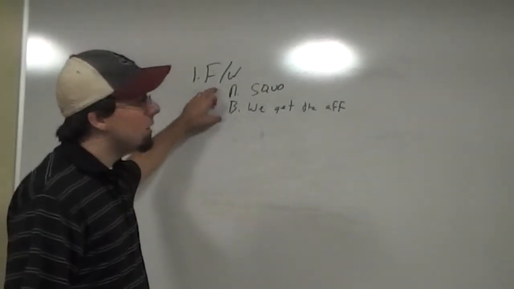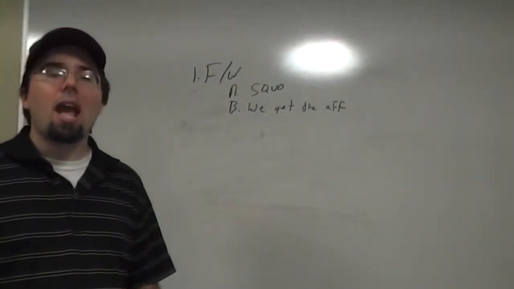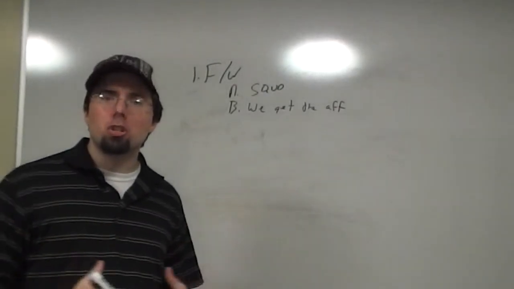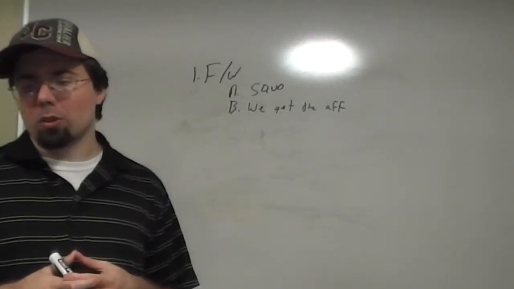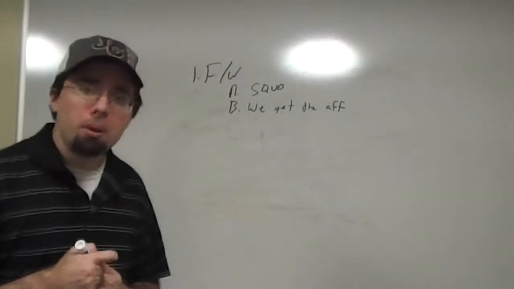So those are the two different types of framework arguments. And those are just saying how should the judge act and interpret the information that they are being encountered with.